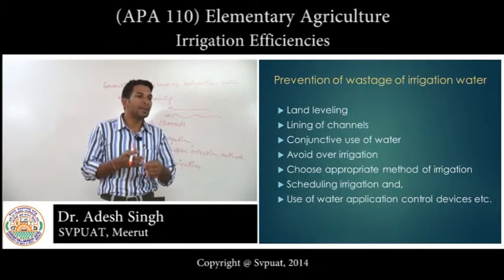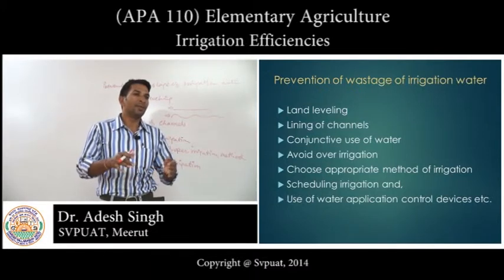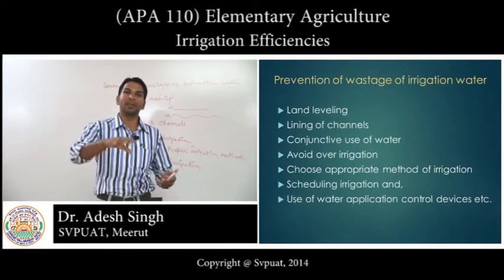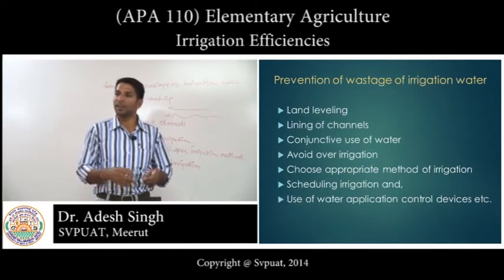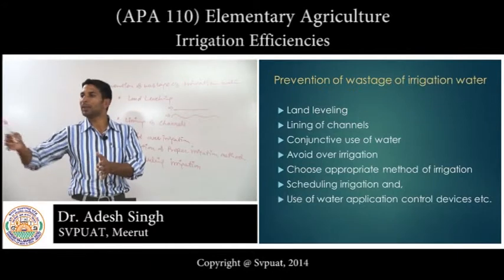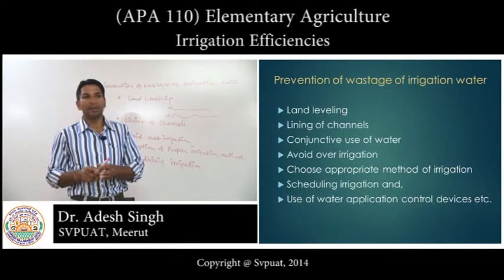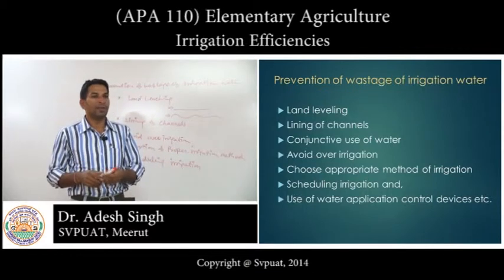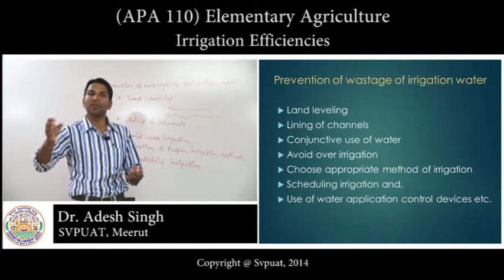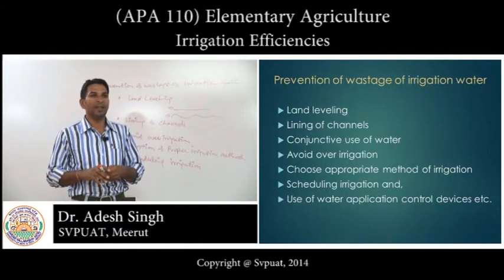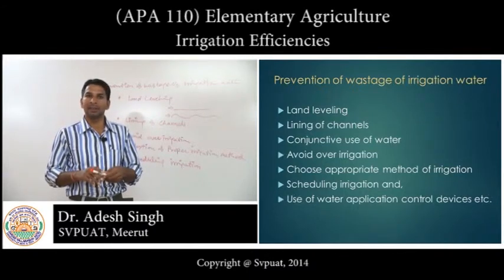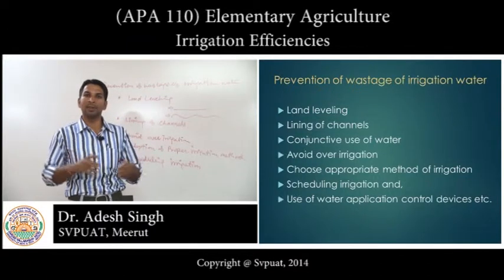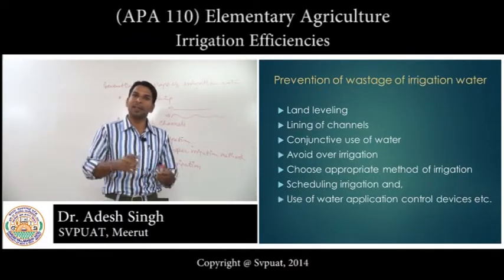Say for example, if a tensiometer is used for correlating the moisture need in the soil, then on the basis of the tensiometer we can decide at what time water is provided to the crop plants, or we can embed gypsum blocks in the soil, or we can adopt the neutron moisture meter, or the TDR method, that is the time domain reflectometry method. There are various approaches to judge at what time water is applied.